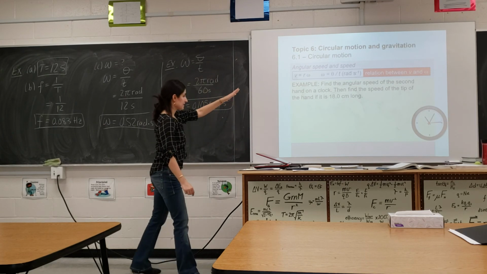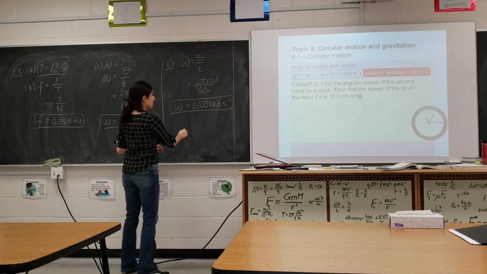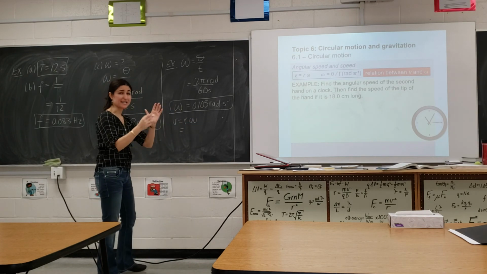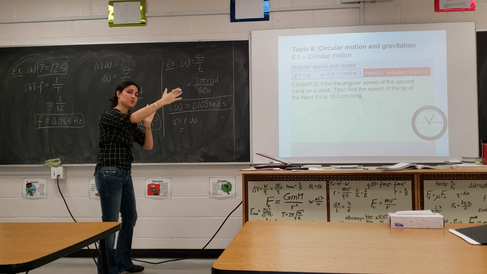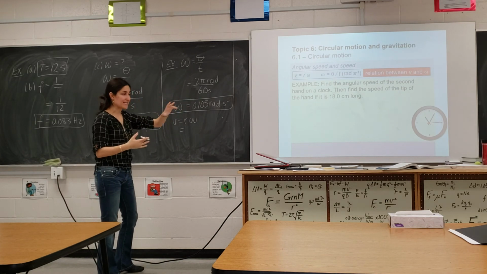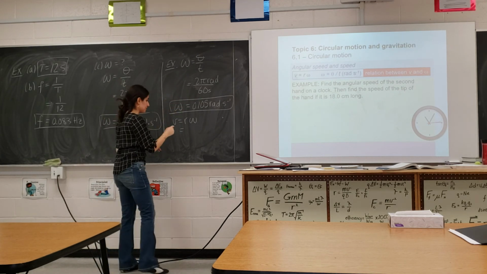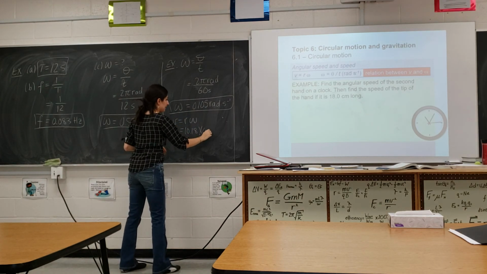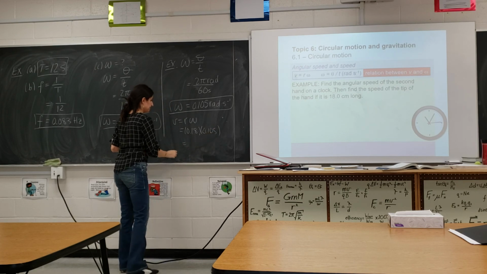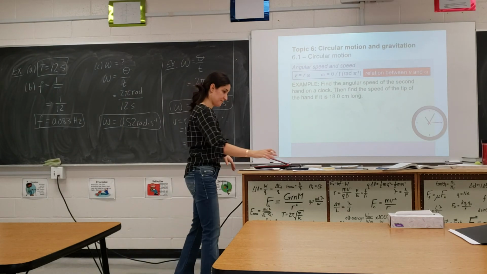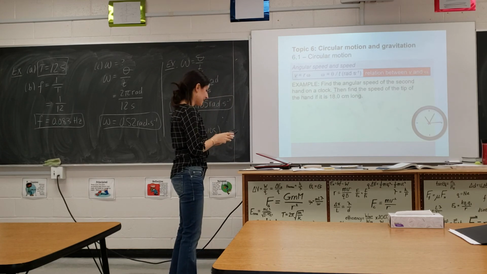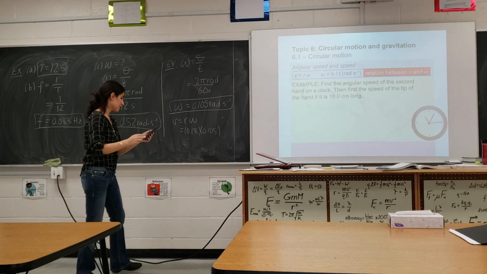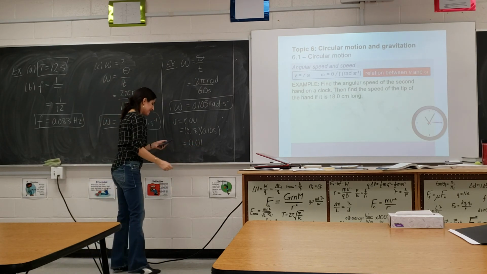All right, so in order to find the speed, we've got v equals r omega. My r, that's the distance from the center of rotation to where the object is that is rotating. That's 18 centimeters. You have to convert that to meters. So 0.18 meters, and omega we just found, 0.105. So we multiply these out. 0.18 times 0.105, and we get 0.0189.